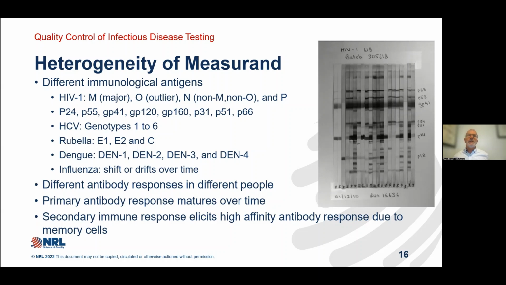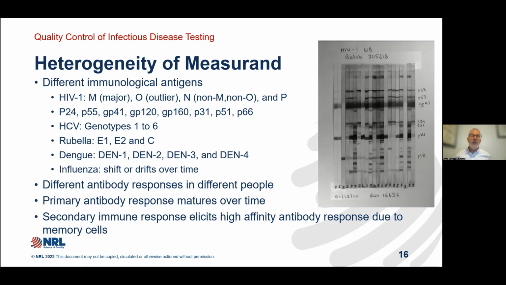And we see this with all of the different viruses: different genotypes of hepatitis C, dengue virus, influenza. And we know that different individuals can respond differently with their immune response. Some people are immunosuppressed, others are not. When you're infected for the first time with a virus, you get a primary antibody response, which has very low avidity and affinity antibodies.